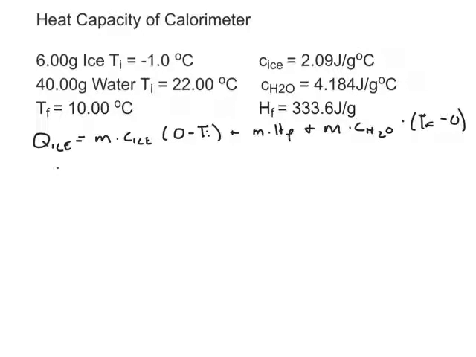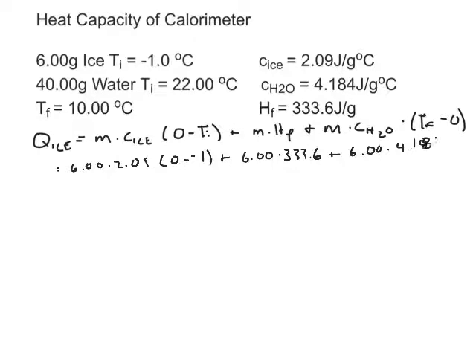So my Q of ice equals mass times specific heat times 0 minus -1, plus mass times heat of fusion, plus mass times specific heat of water, 4.184, times final temperature, which was 10 minus 0.